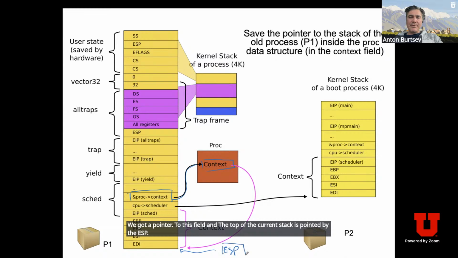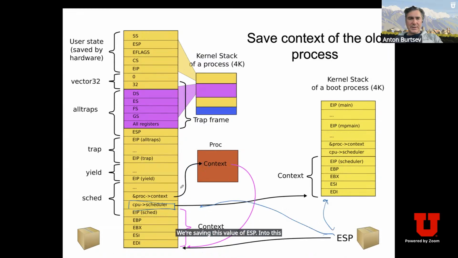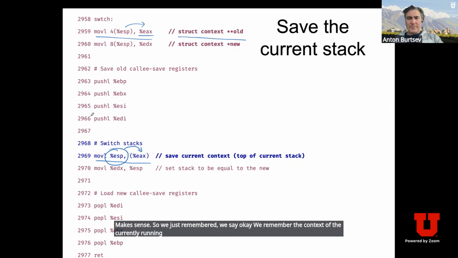We're saving this value of ESP into this field with this assembly instruction here. Value of ESP is saved in a memory location pointed by the EAX. EAX is a pointer to the pointer, right? Make sense? So we just remembered the context of the currently running process.